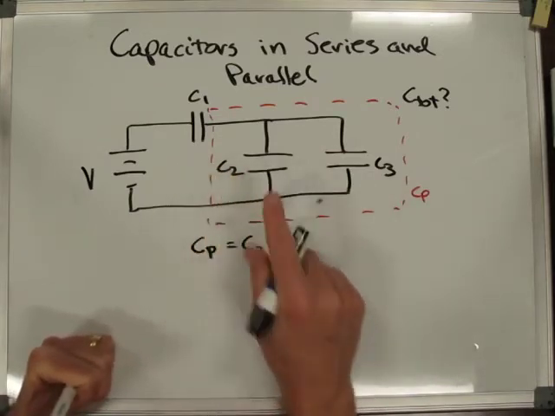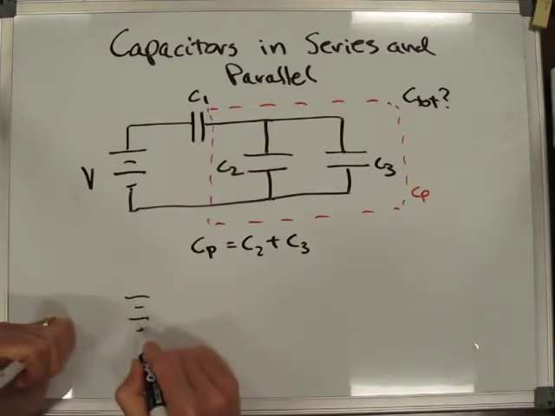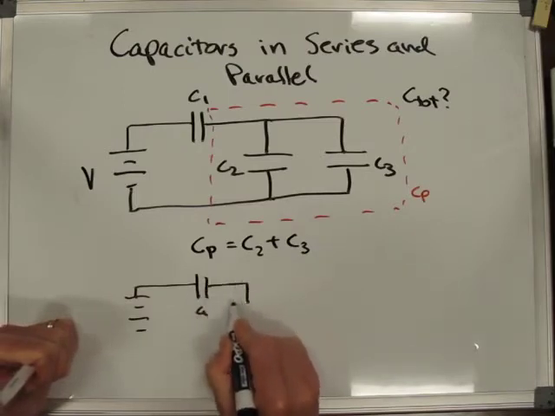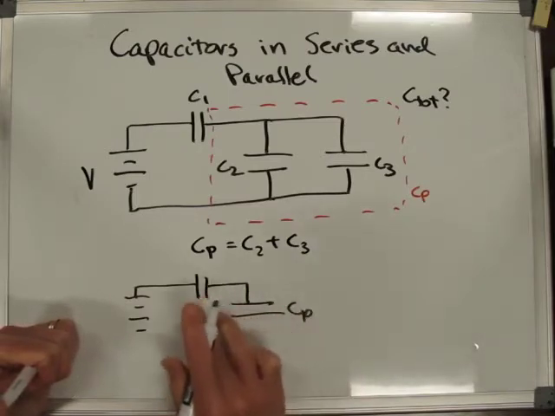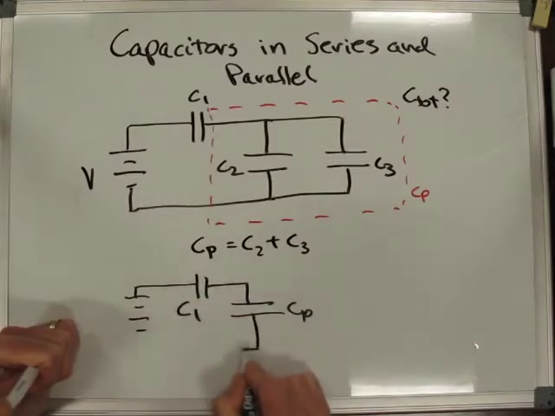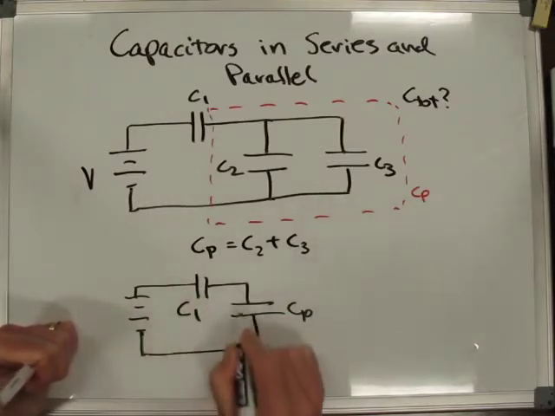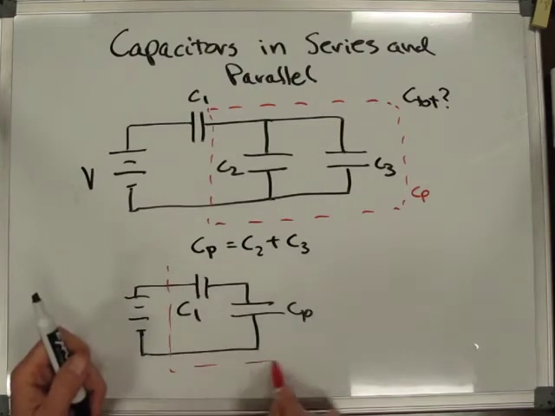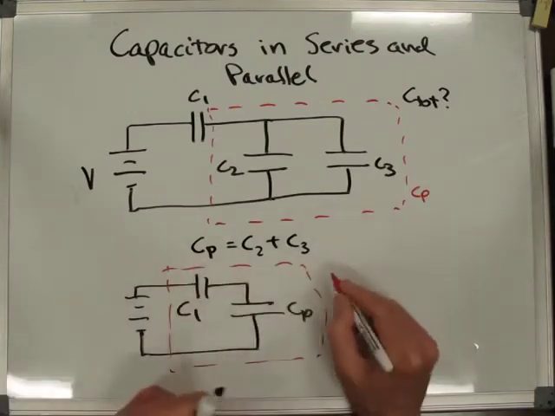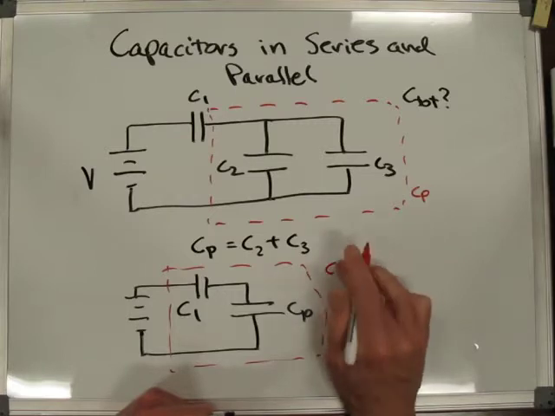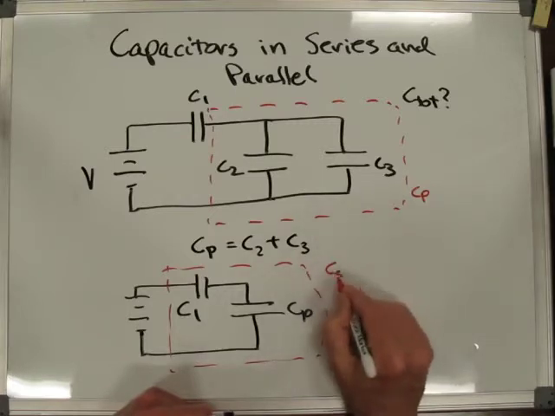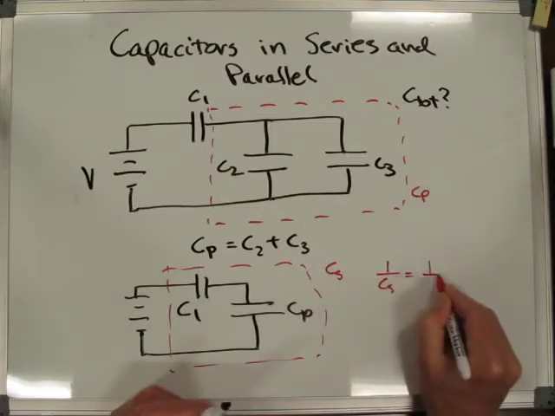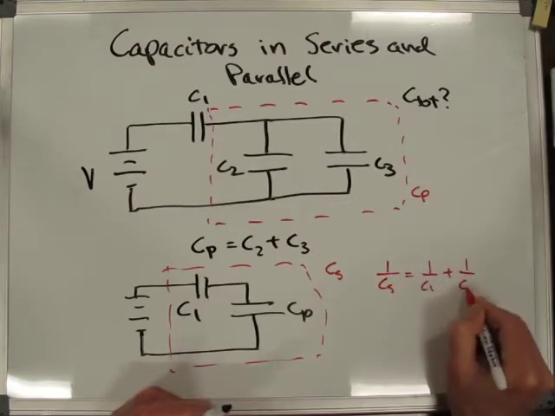Then we can reimagine this circuit this way: it's got C1 here, and now we just have CP here. Now I have just one path through my circuit, so these two are in series. If I want to treat this as a single capacitor, I'll call it C series, and a series capacitance gives 1 over C series equals 1 over C1 plus 1 over CP.